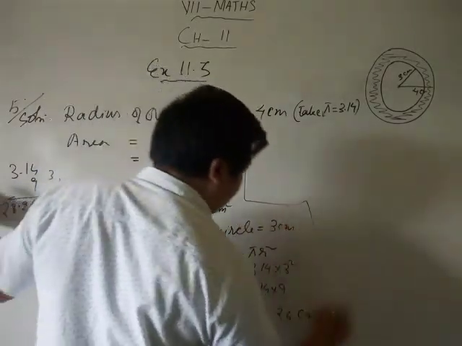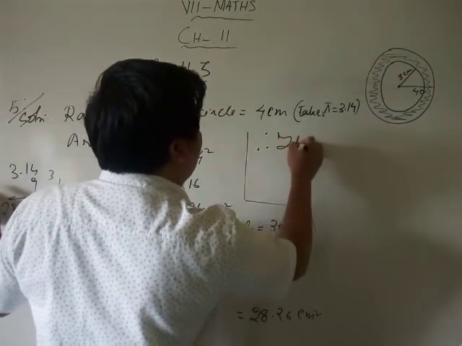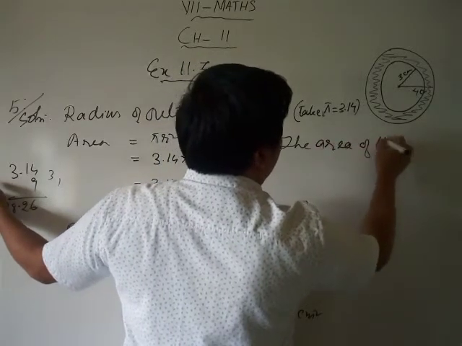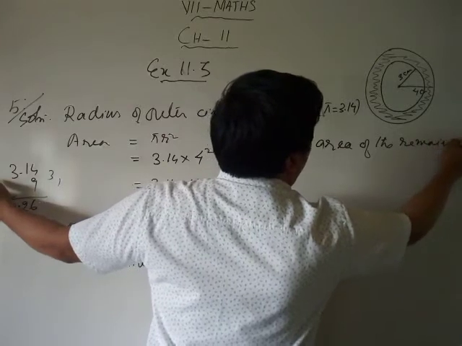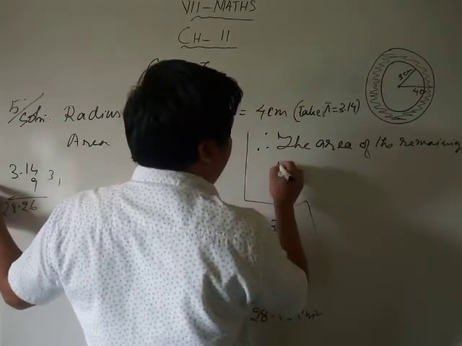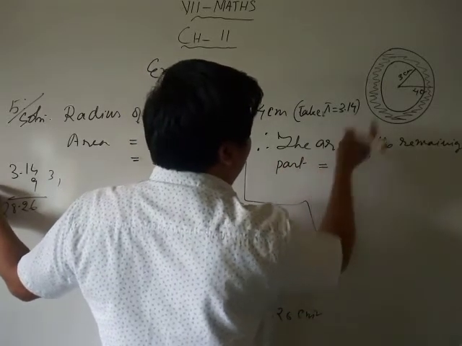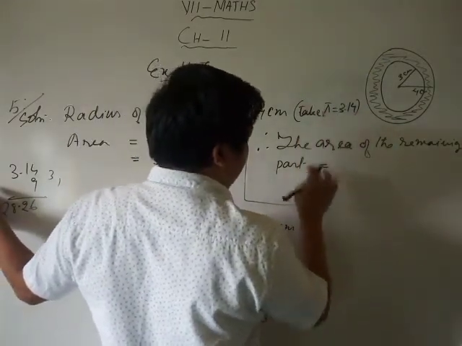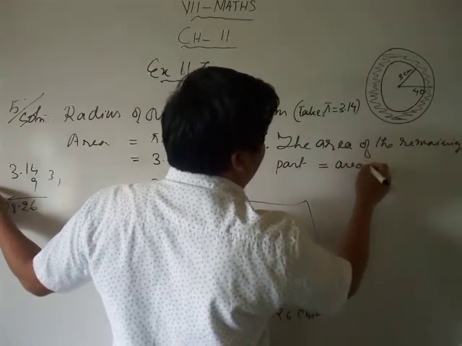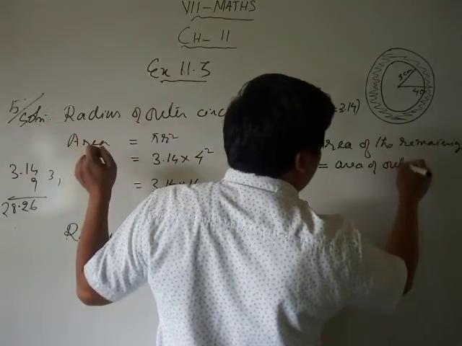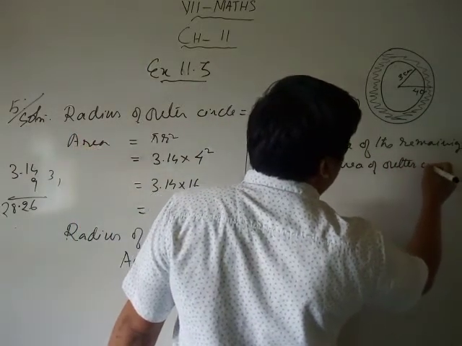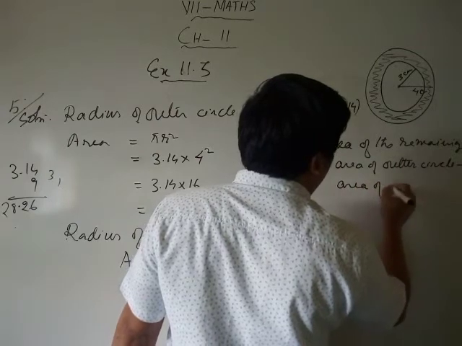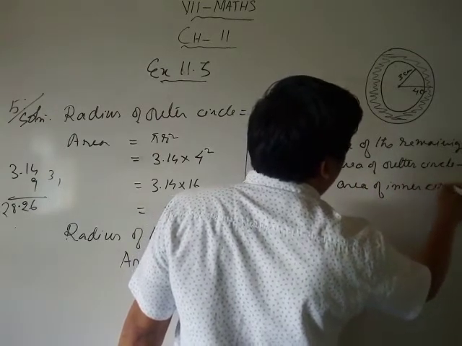Write it down like this. Therefore, the area of the remaining part or remaining portion of the circle will be the area of the outer circle minus the area of the inner circle.